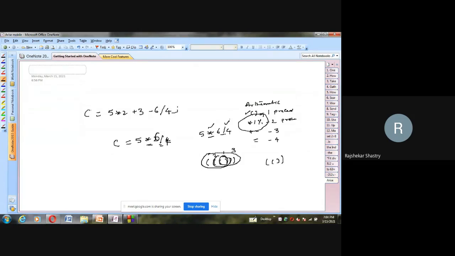So among the arithmetic operators, all the arithmetic operators are holding the associativity of left to right execution. Then what about the parenthesis, Amma?